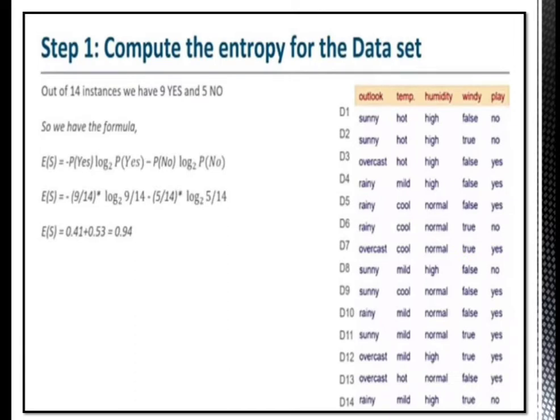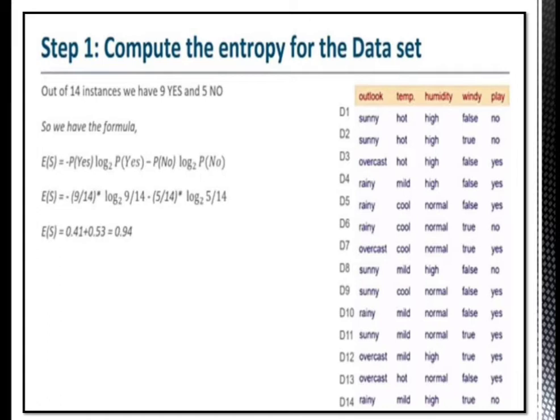At step 1, compute the entropy for the data set. So this is our data set, and we have to compute the entropy for it. Let us see how we can calculate the entropy. Out of 14 instances, we have 9 yes and 5 no. This is our formula for the entropy.